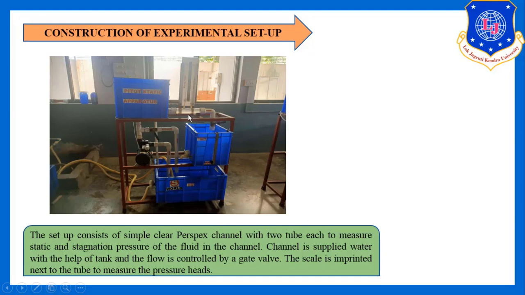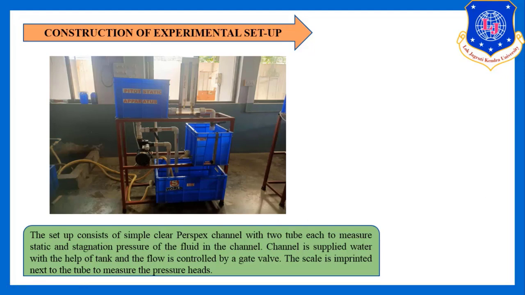The channel is supplied water with the help of a tank and the flow is controlled by a gate valve. You can see here in this setup, the water flows from this tank through this channel. In that we have inserted the Pitot tube.